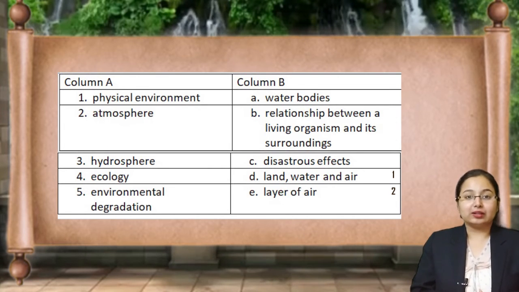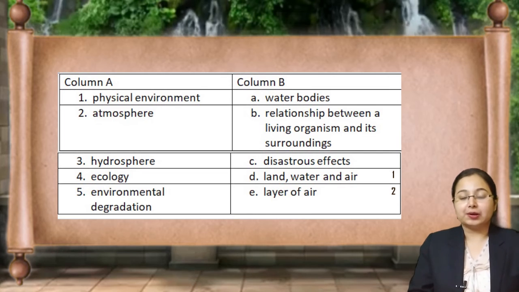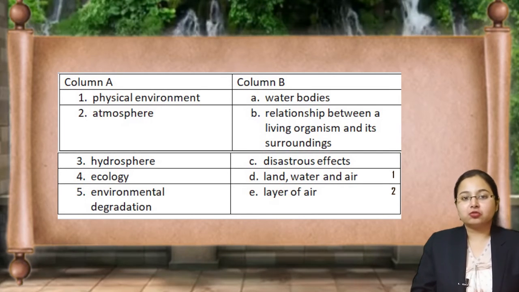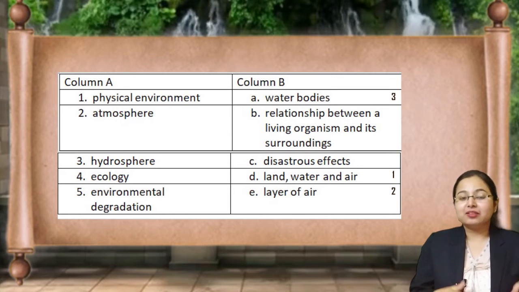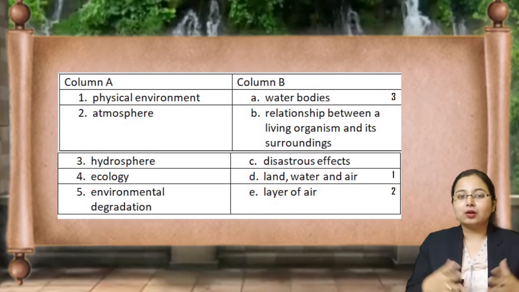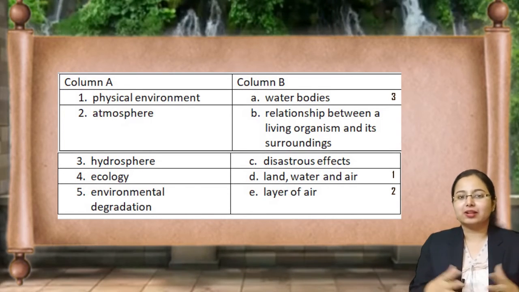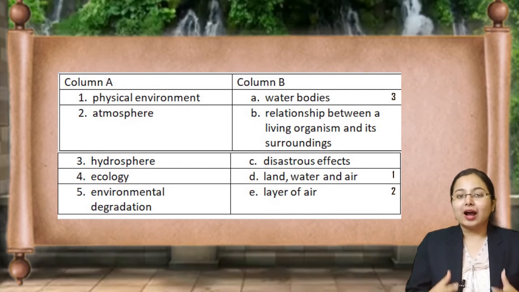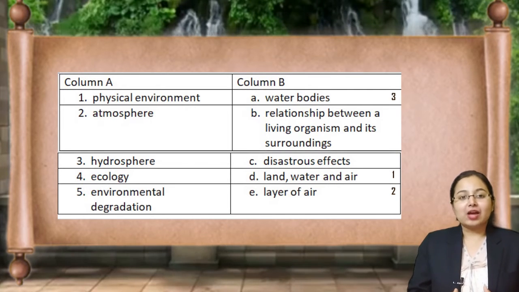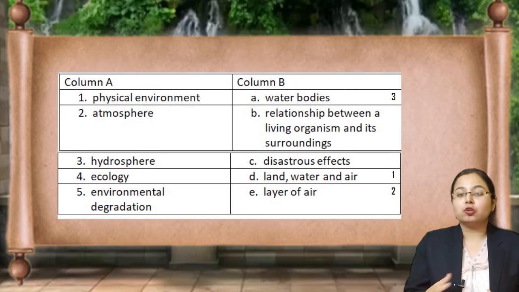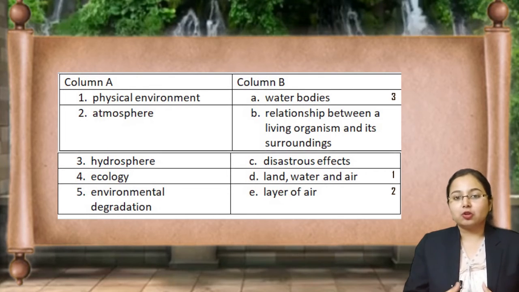Now the third we have is hydrosphere. What do you understand by hydrosphere? Hydro means water. So the third will be matched with option A, that means water bodies. All the water bodies, for example seas, oceans, rivers, lakes, ponds, everything, comprise the hydrosphere. Next we have number 4, that is ecology. What is ecology?